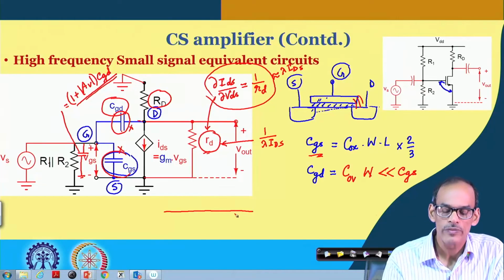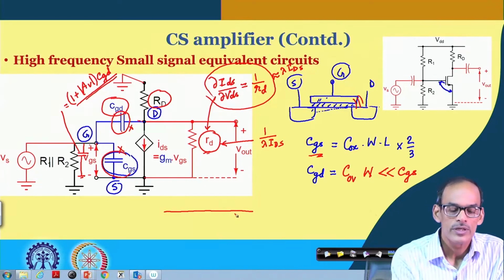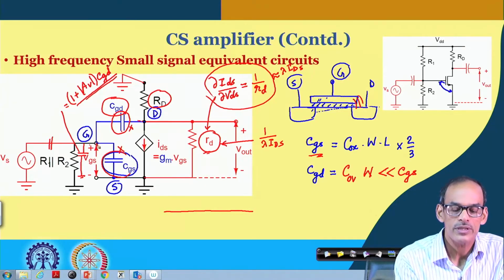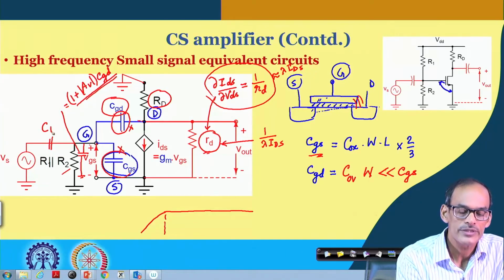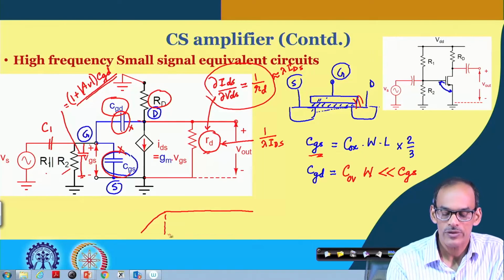But if you go to higher and lower frequency, depending on the coupling capacitance here and the resistance here, we may have the lower cutoff frequency defined by this C1 and R1 parallel R2.